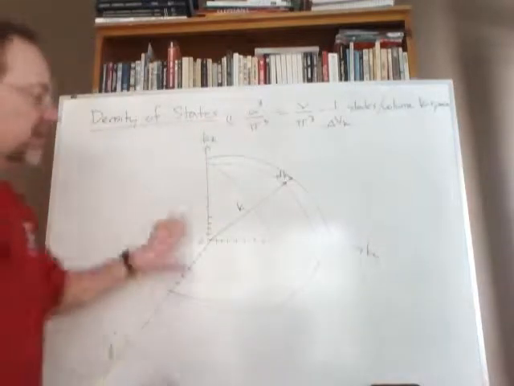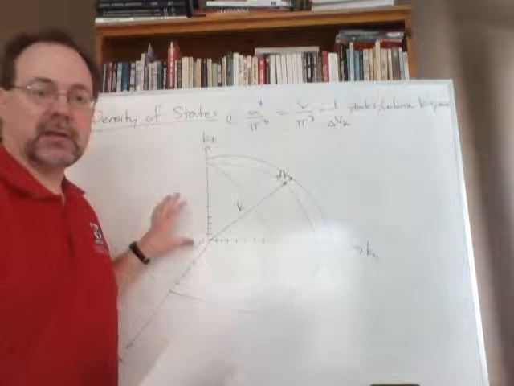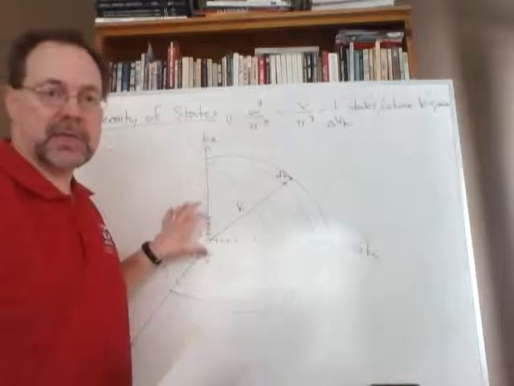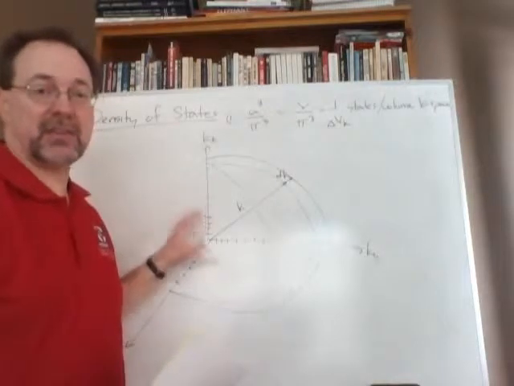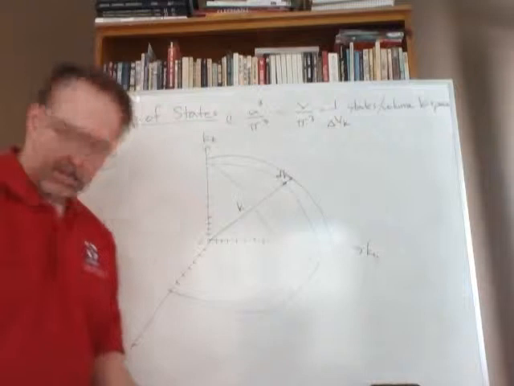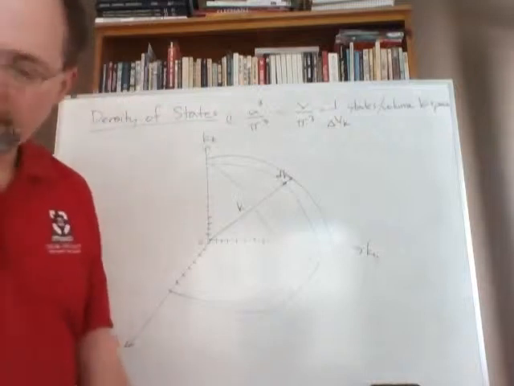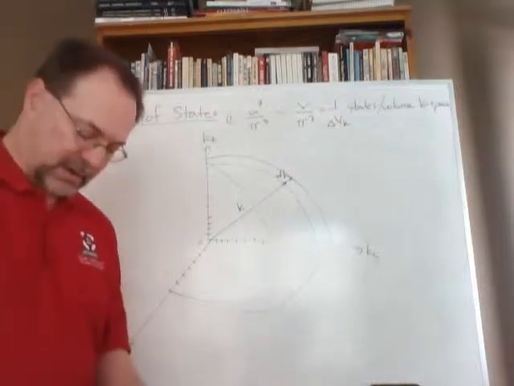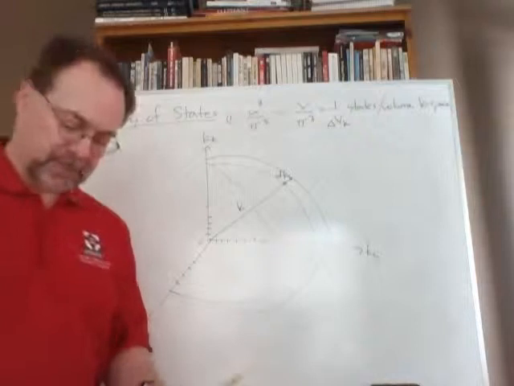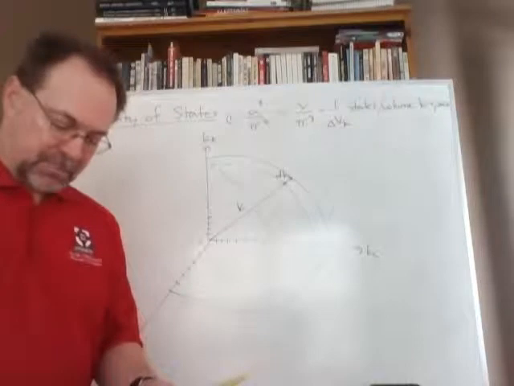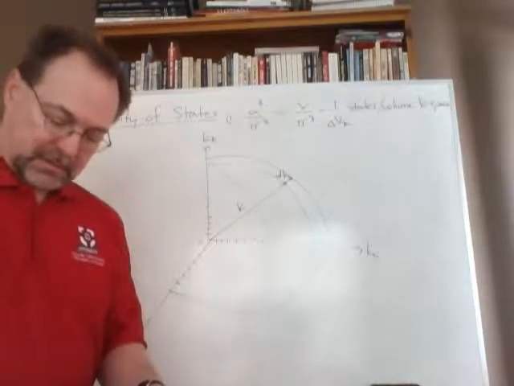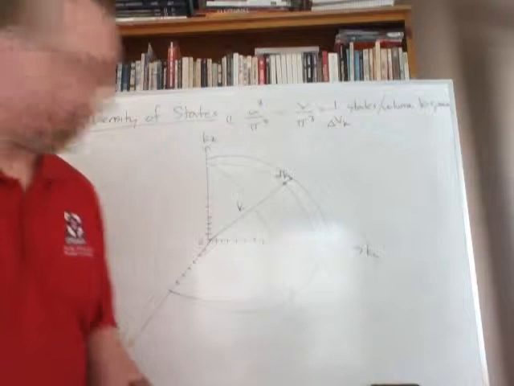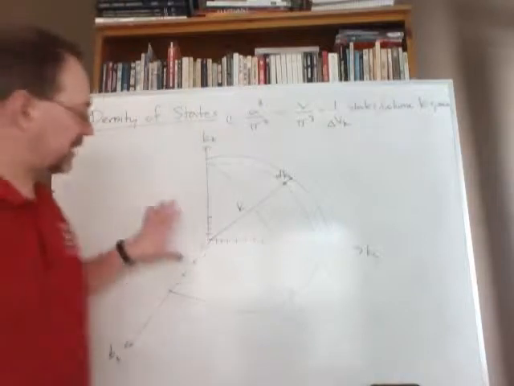Now we want to see what is the differential volume in K space as a function of K. We're looking for the number of states per unit volume. So let's consider this. We ended up with this sketch last time.